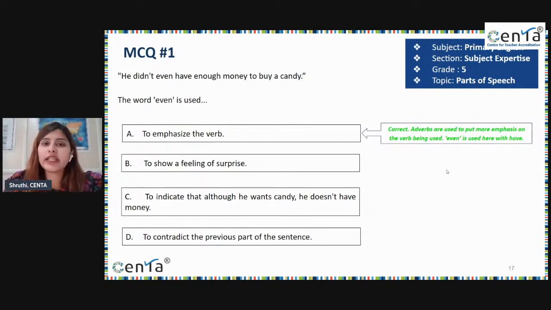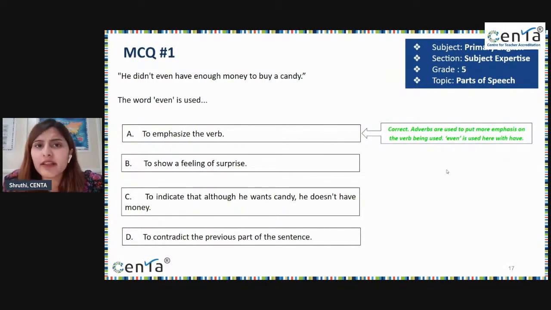It's a myth that many people assume that's not the verb, but that is the verb being used here. There are other verbs, like buy is also a verb, but in this sentence, the word even is describing the verb have. Which is why even is used to emphasize the word have: he didn't even have enough money to buy a candy.